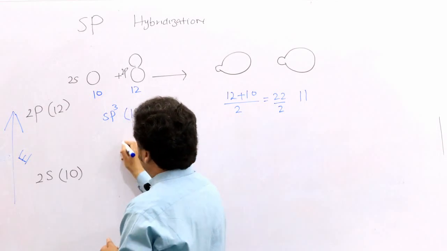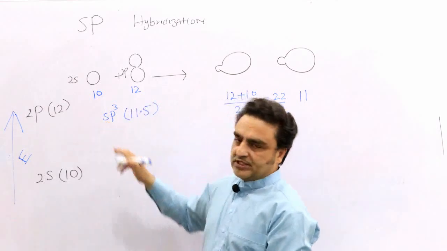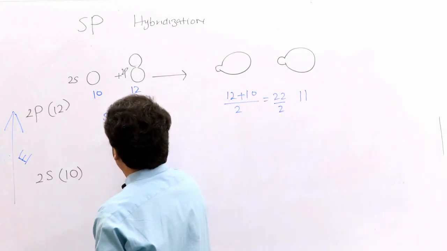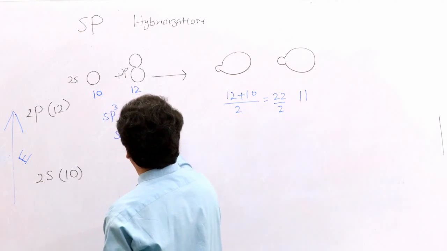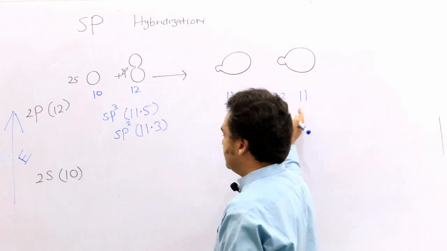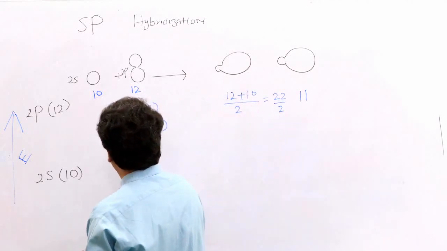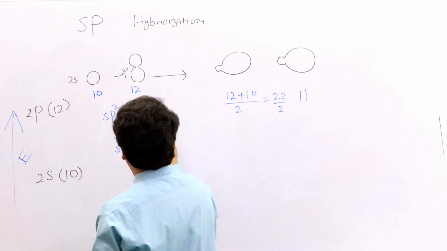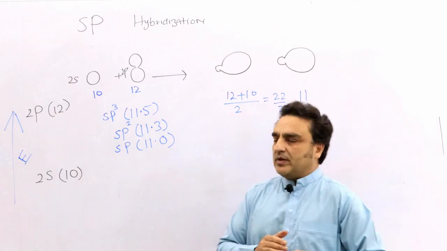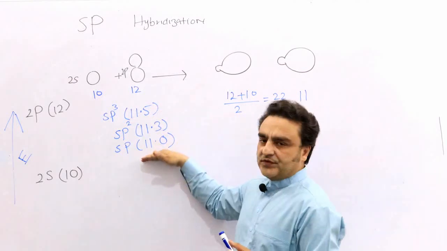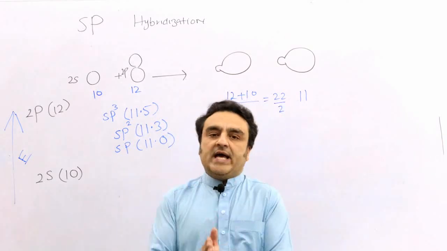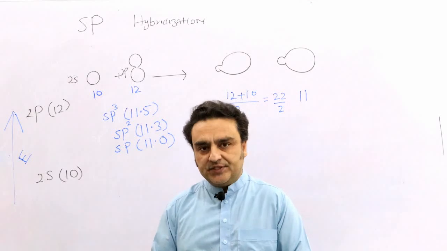These are the hybridized orbital energies, each one. sp2 has an energy of 11.3, and sp has a value of 11.0. I just wanted to compare them: the lower energy of the sp, the middle energy of the sp2, and the higher energy of the sp3. Why am I stressing or repeating the energy words so much?